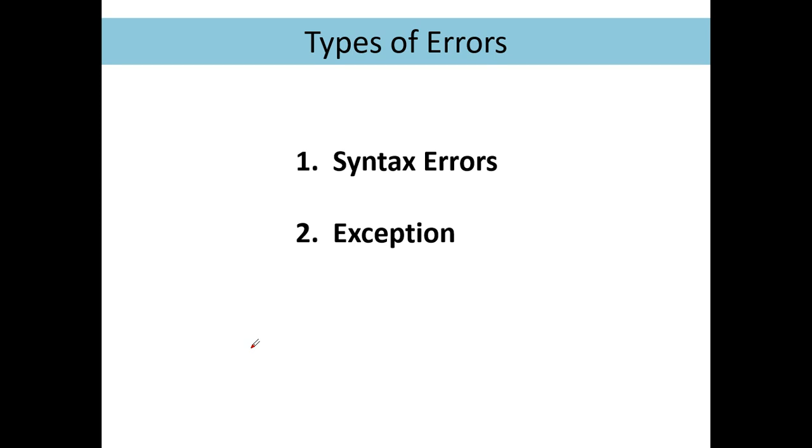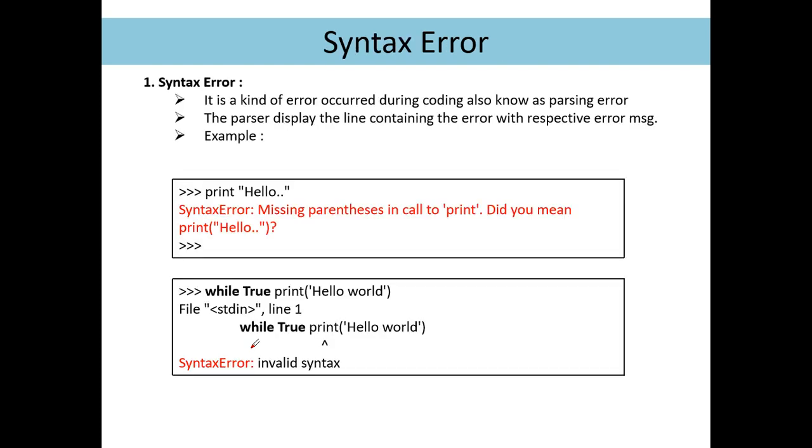You understand what a syntax error is, and we will discuss the exception. See here, this is a syntax error. In this we need this parenthesis. It is clearly saying that it is a syntax error.